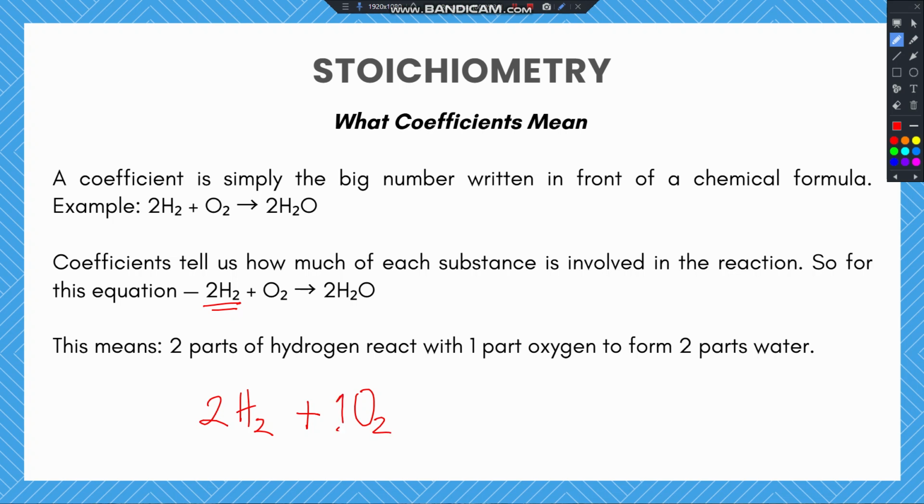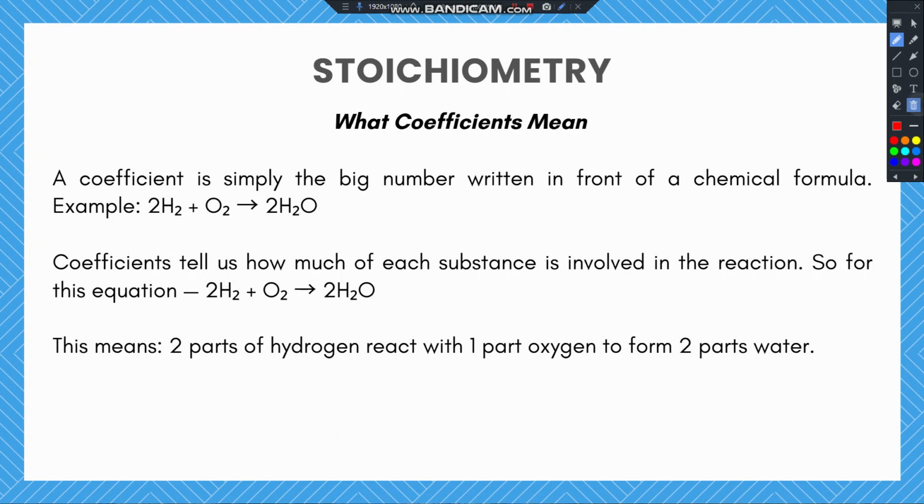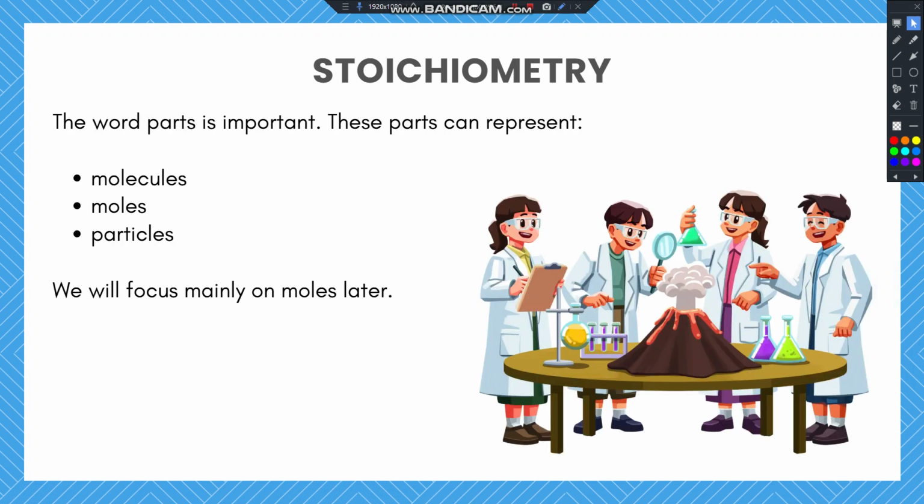There is an imaginary number 1 here, to produce 2 parts of water, H2O. Easy, simple, and basically straight to the point. I have read this chemical equation as though it were an English sentence.